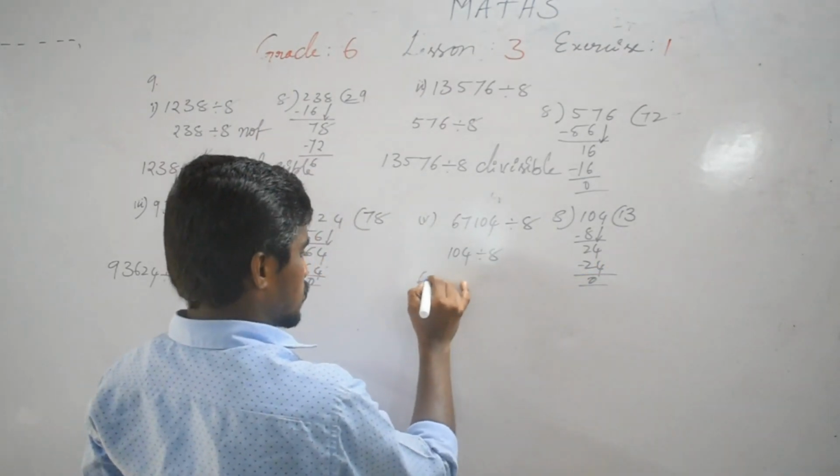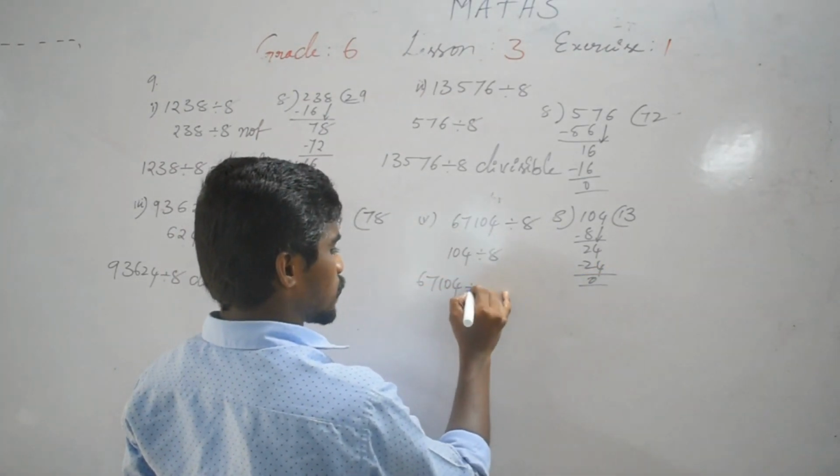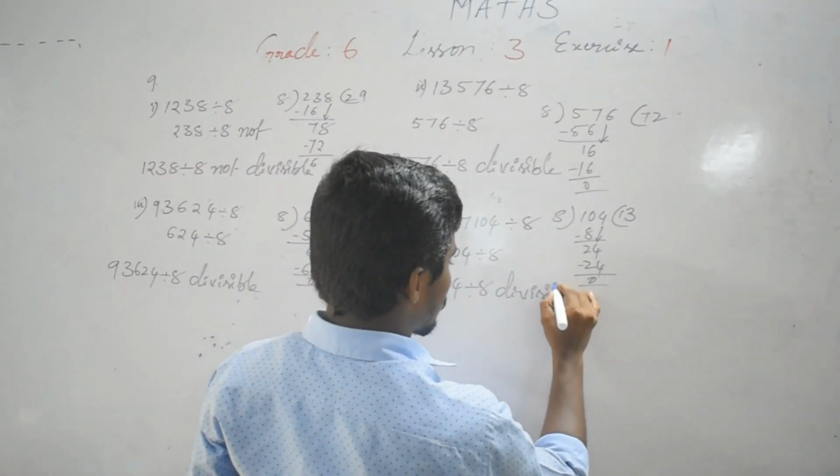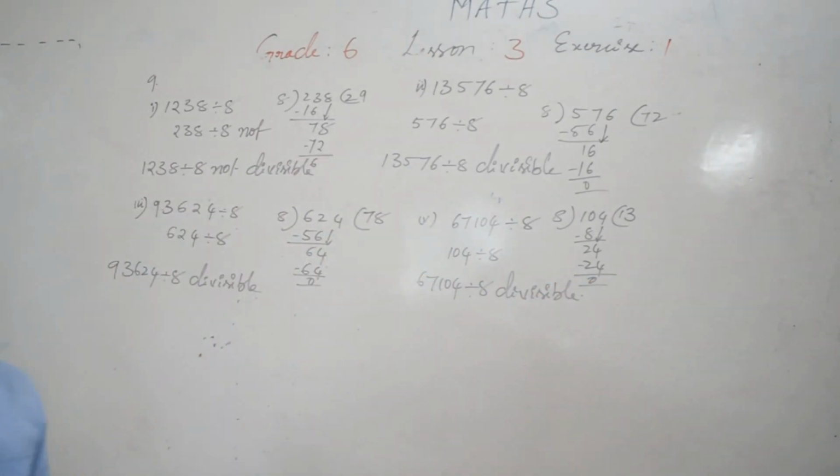So 67,104 divided by 8 is divisible. Next one, last problem. So write the nearest number divisible by 4.